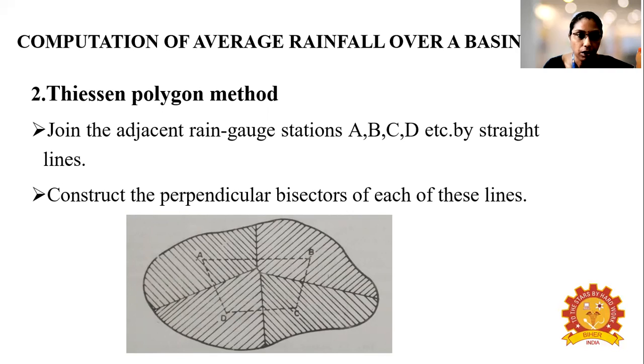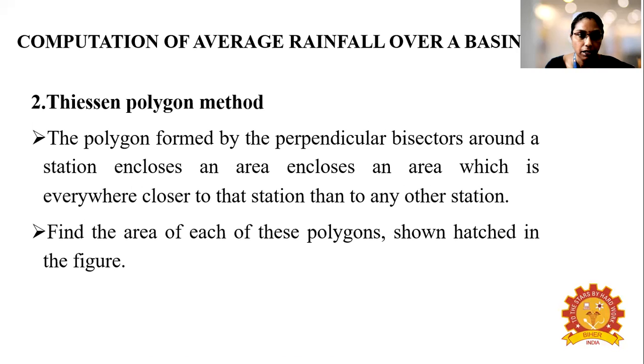That is, for rain gauge station A you get a separate area, and similarly for B, C and D, by drawing perpendicular bisectors to all the lines. The polygon formed by the perpendicular bisectors around a station encloses an area which is everywhere closer to that station than to any other station.